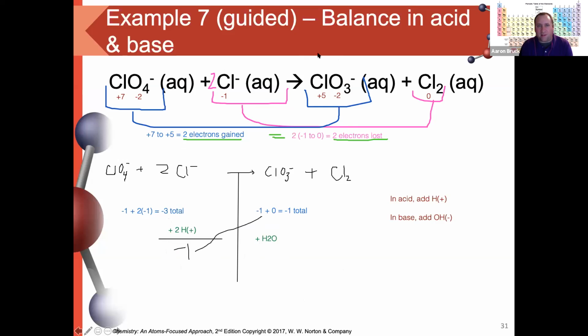And so my balanced equation in acid is going to be the perchlorate ion plus 2 chlorides plus 2 hydrogen ions yields the chlorate ion, ClO3 minus, chlorine, Cl2, and water.